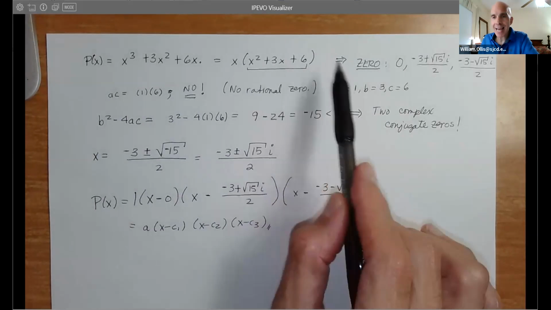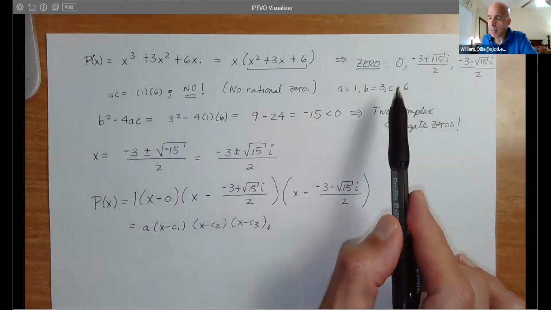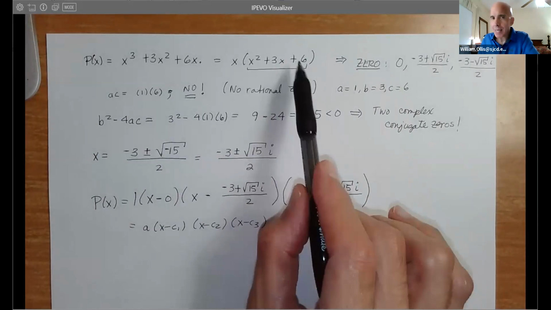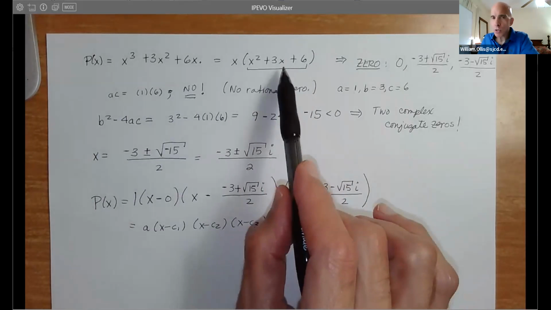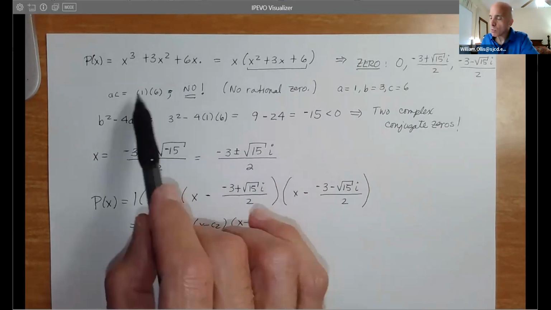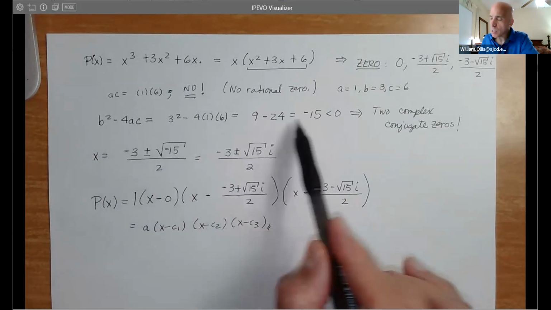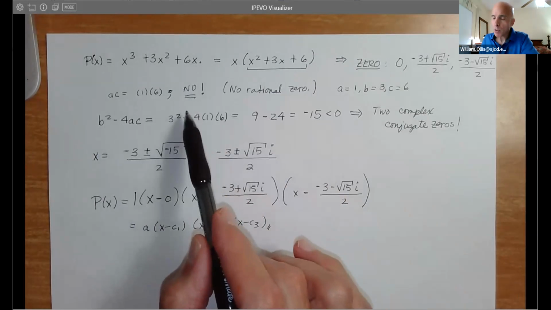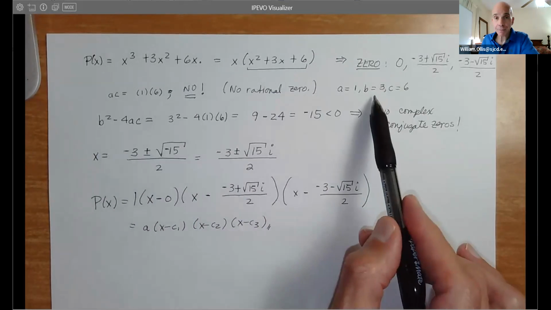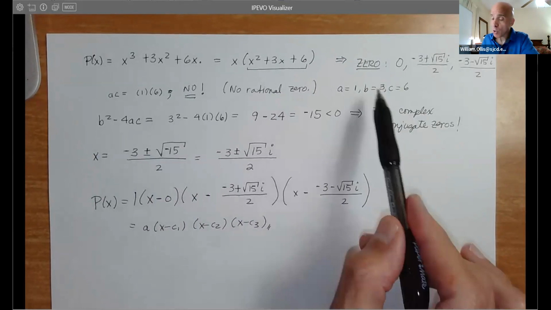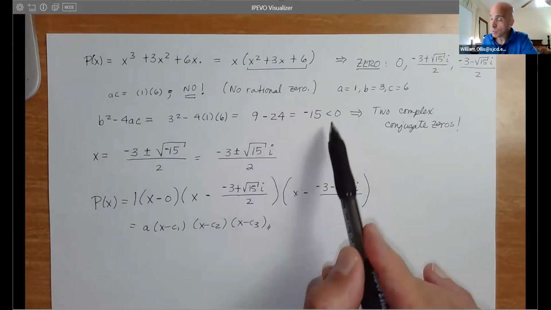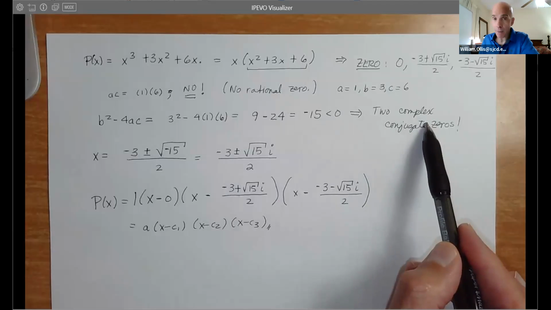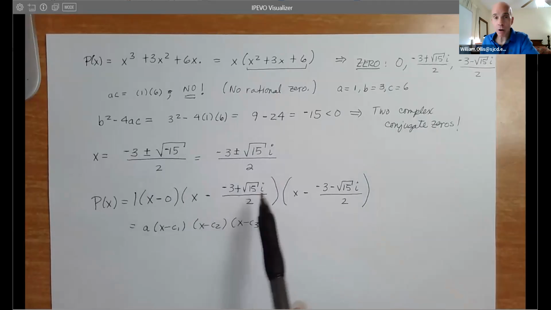That's why I was asking all of you, do I need rational zeros? What do I do? Once we reduce to the quadratic, we pull out all of our artillery for the quadratic. We think, well, let's try to factor it. That didn't work. So we do the discriminant, and then test the discriminant. That gives us the complex conjugates, and then finish it off.